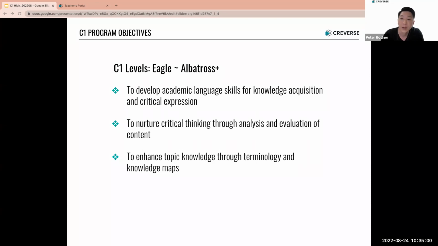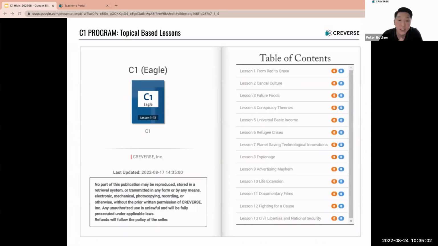Okay. One of the great things about the C1 program compared to the A2 program, which some of you may have just taught for the first time, is that they are topical-based lessons. Basically, the reading, listening, writing, and speaking components will all have a similar topic. The only difference is they have a slightly different perspective, but it is cohesive.